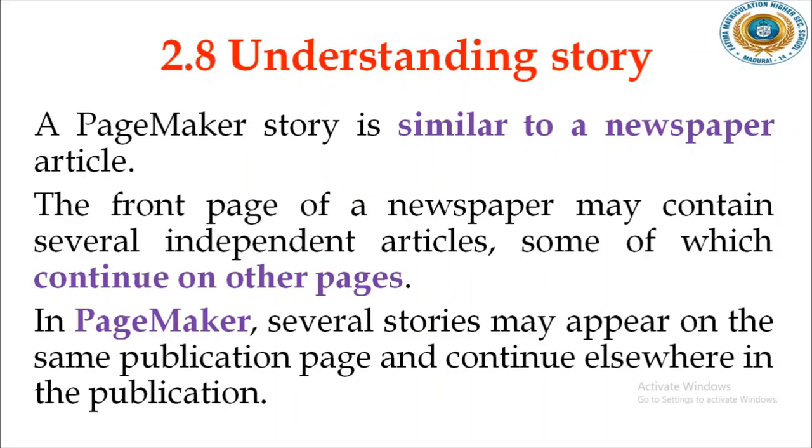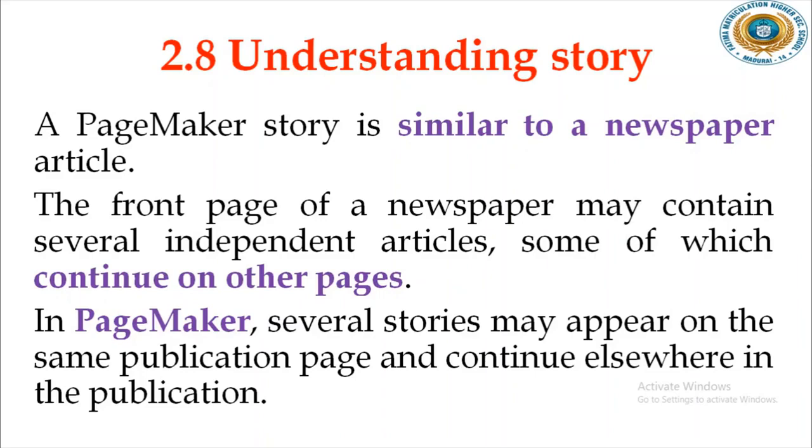On the first page, at the top, they give a main important heading, with some cutouts. The continuation of the story will be on the 4th page or 7th page. They give a board saying see the continuation on the 7th page or the 4th page, and carry the continuation to the next page. That is called a story. So the continuation of a text block in different pages is called a story.